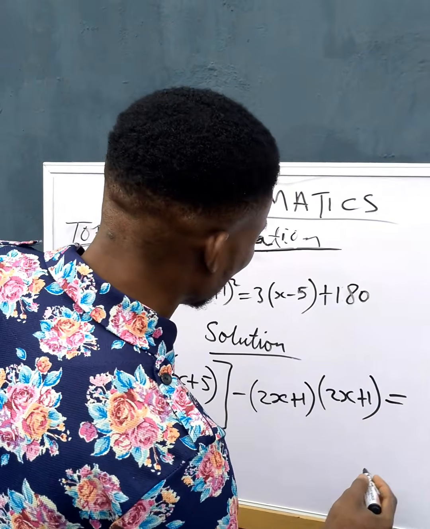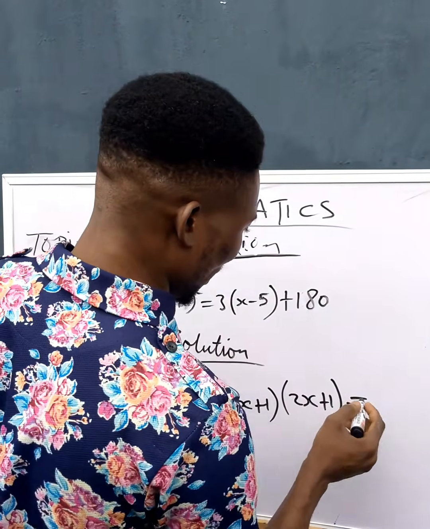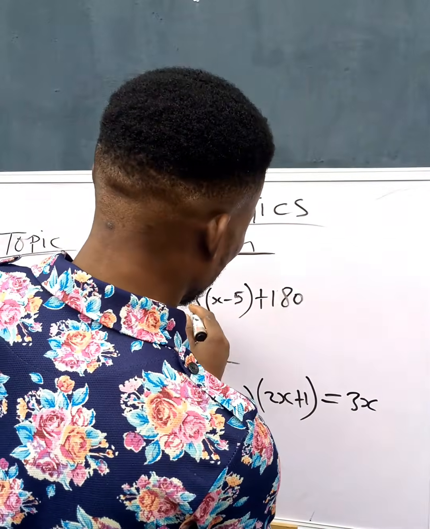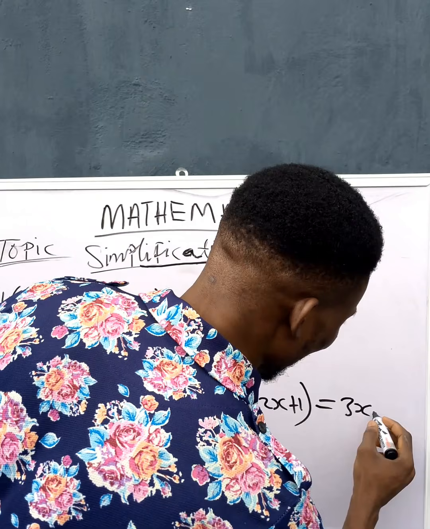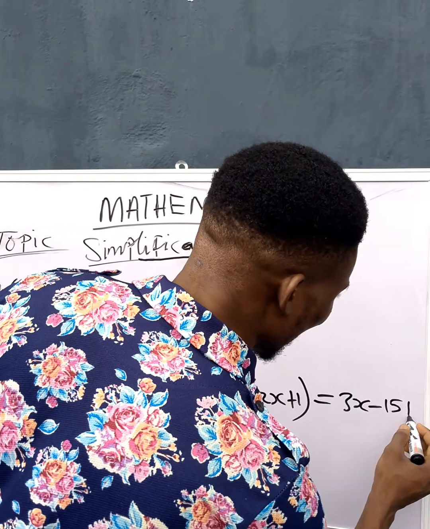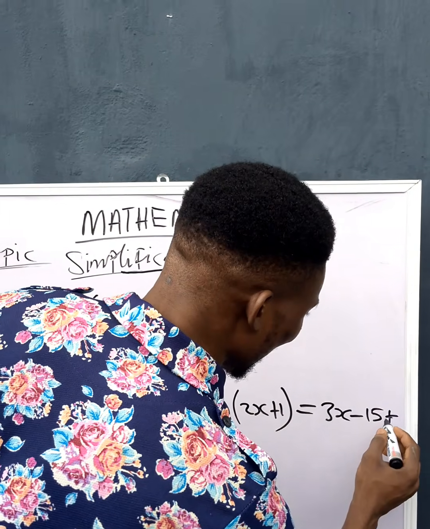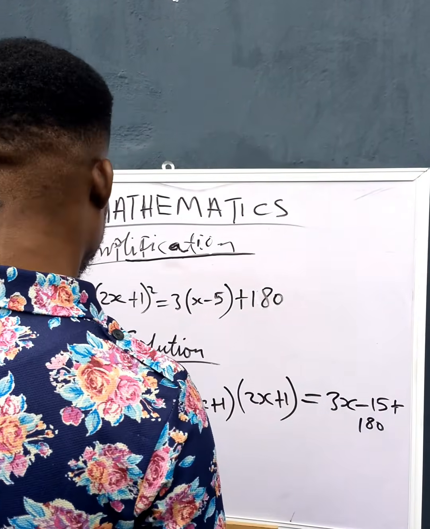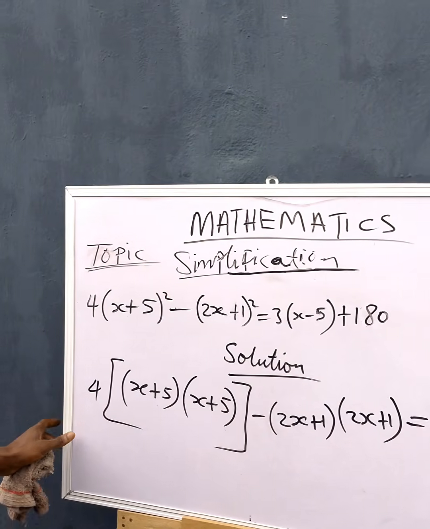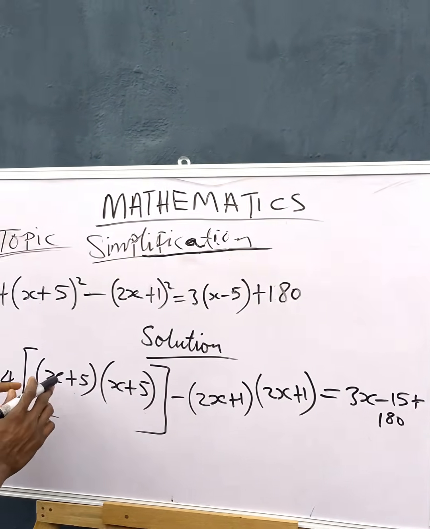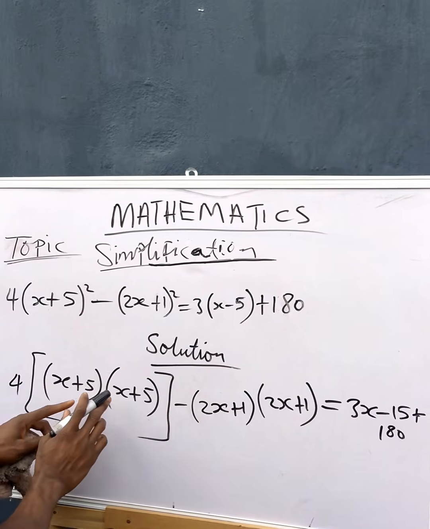Then equals to 3 times x is 3x. 3 times negative 5 is negative 15. Then plus your 1 plus your 180. Now you are at this level. Then this you have to open here now.